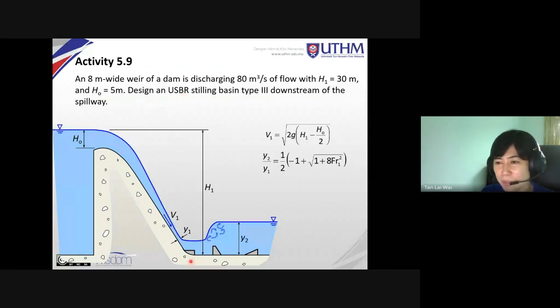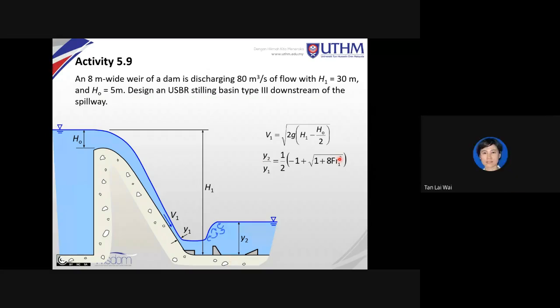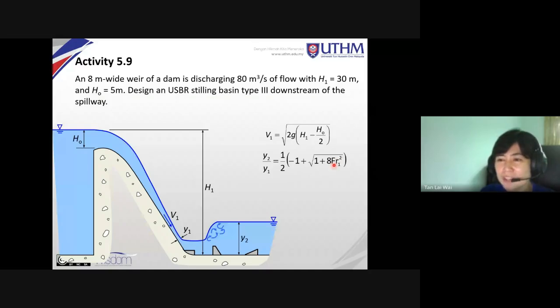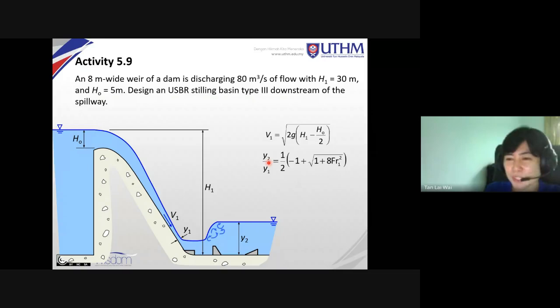That means at the toe of this spillway here. So once you have velocity and Y1, you can straight away calculate Froude number upon the spillway. Therefore, you can determine Y2.